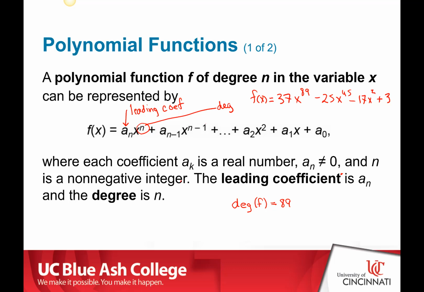No. Even if it says x to the 89th, it may simplify to something like it only has one solution. How about x to the 89th minus 1 equals 0? What value goes in there for x that'll work?